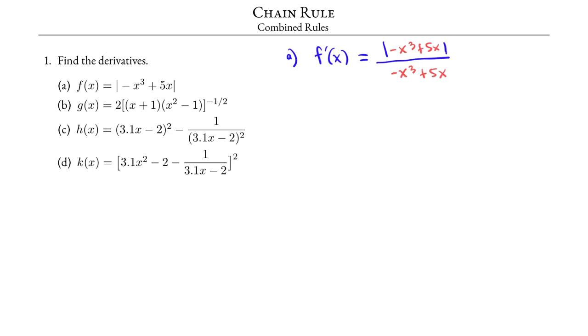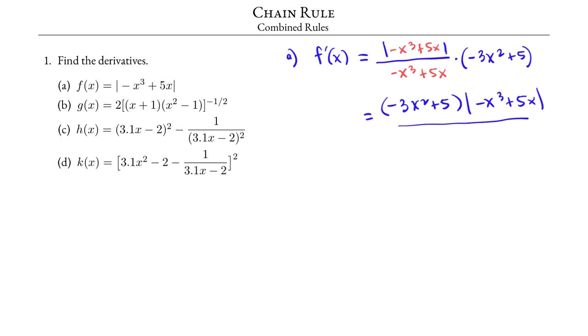But we will need to multiply the derivative of this inner function, which is negative 3x squared plus 5. And so the final answer is negative 3x squared plus 5, parentheses around it, times the absolute value of negative x cubed plus 5x over negative x cubed plus 5x.